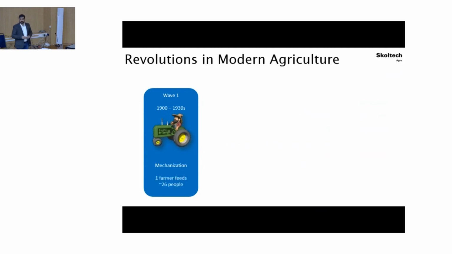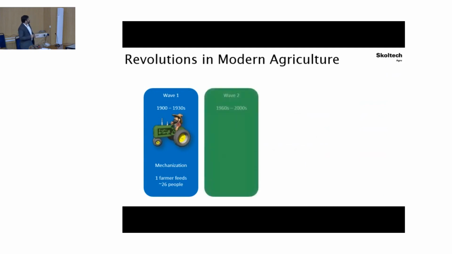And one farmer at that time could feed 26 people. Then in the mid 1900s came the Green Revolution, biotechnology. Right? And with that, the number of people fed by the farmer increased a lot. Now around more than 150 people were fed by that same farmer.